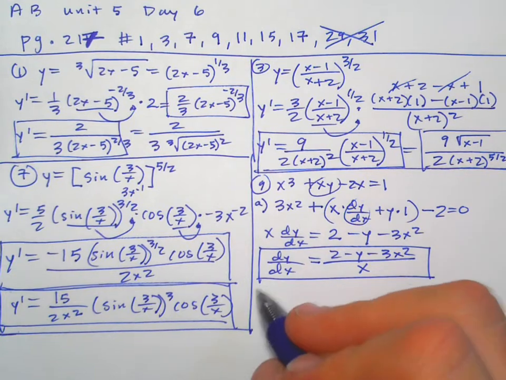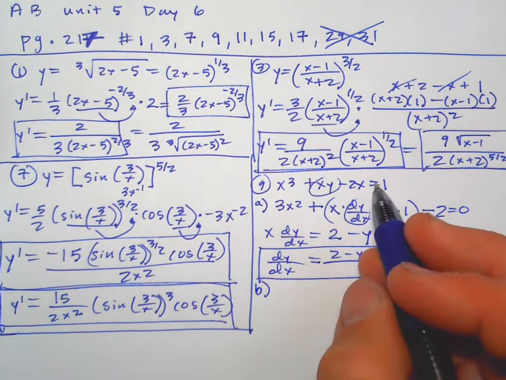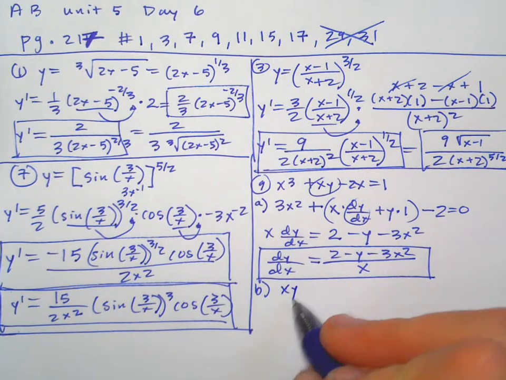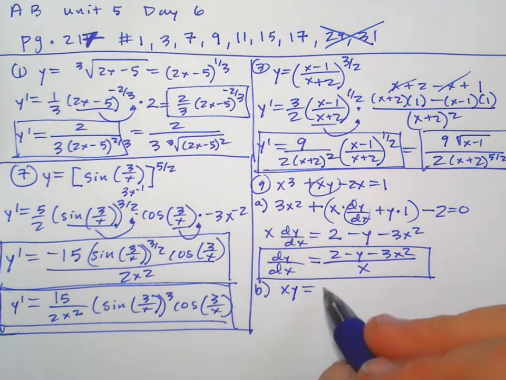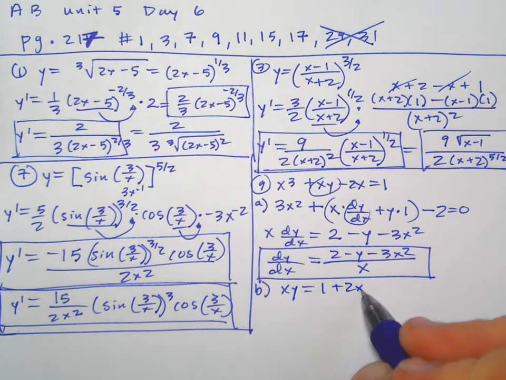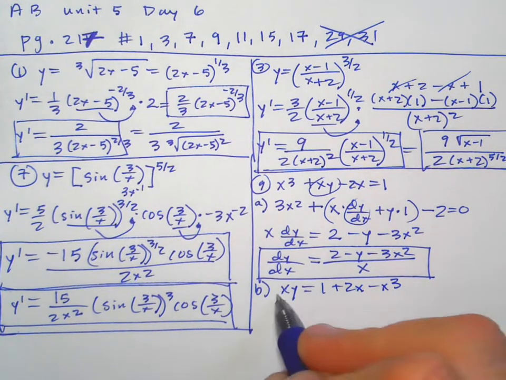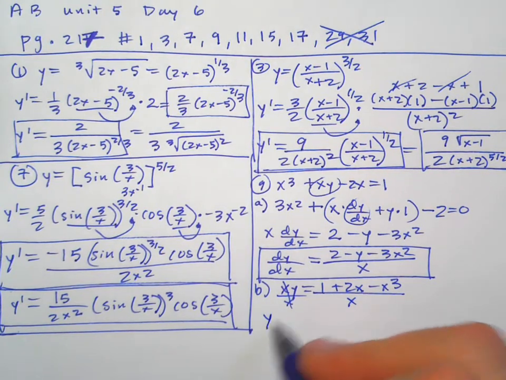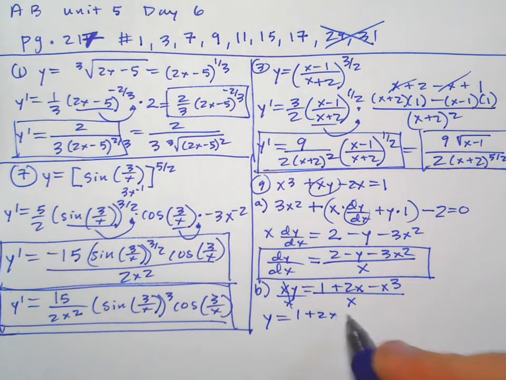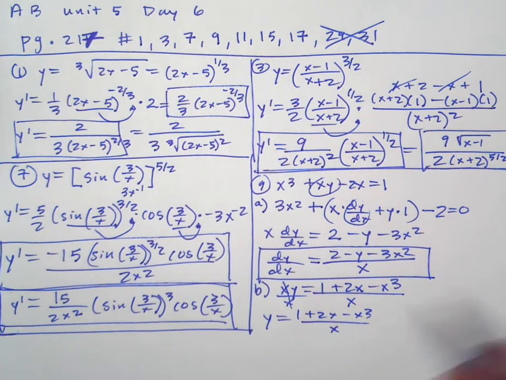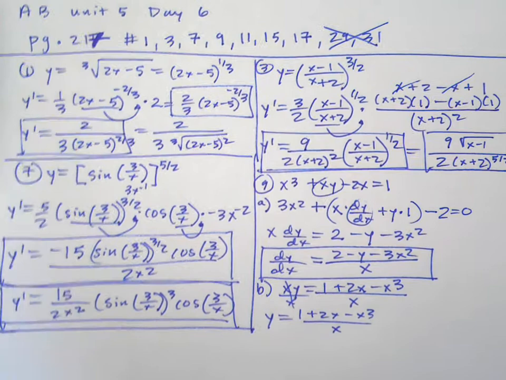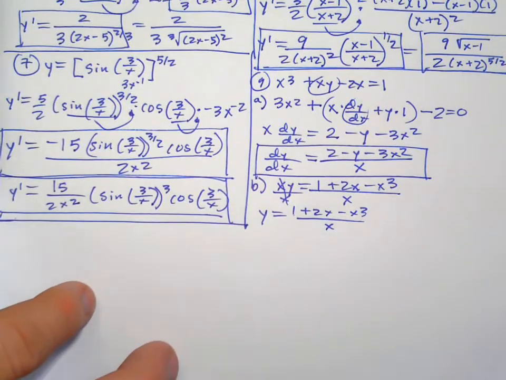Now, part B says to solve it for y in terms of x, which is pretty doable. We would want to get the xy term by itself, add the 2x to the other side, subtract x cubed, divide both sides by x. And so then that would be our function, right? And then we're going to go ahead and take the derivative of it like normal, explicitly.